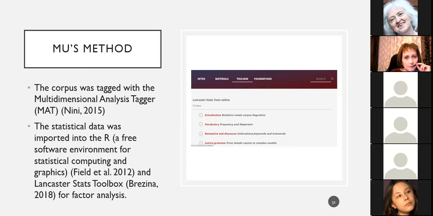So as a result of the factor analysis, the author identified 5 dimensions specific for his data. And these dimensions, as you will see, are different from those suggested by Douglas Biber. So different from the original dimensions.